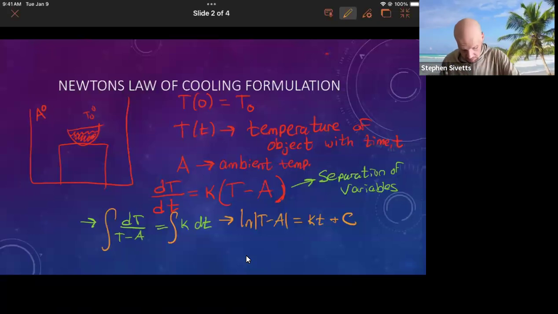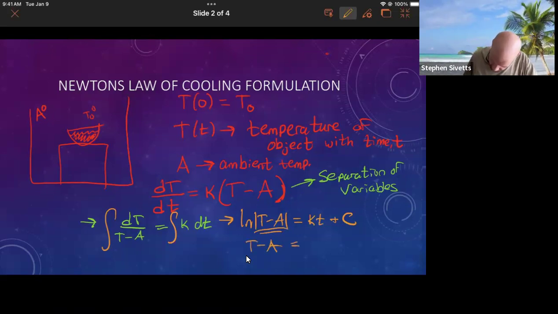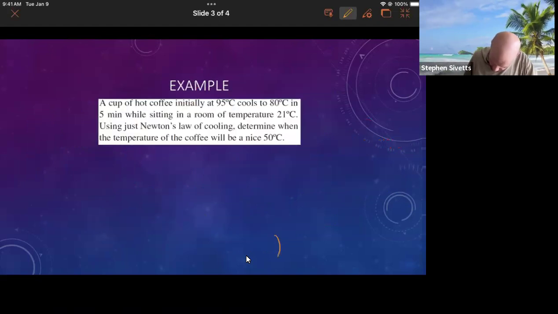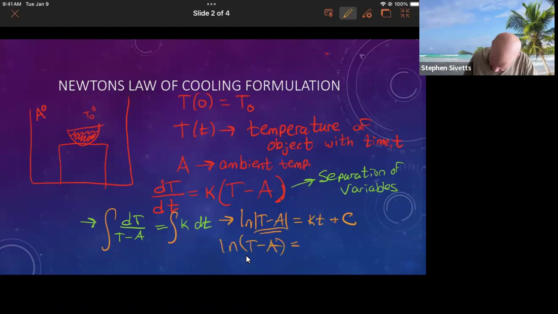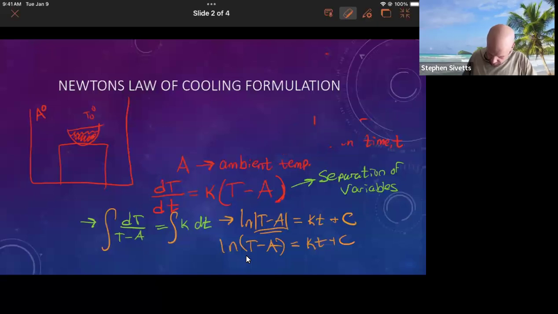So this quantity will be just positive T minus A, and I'll also say ln of T minus A equals k times t plus C. And I'm going to label the initial condition over here.